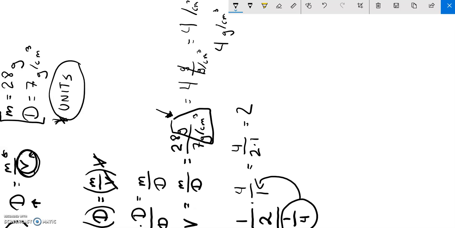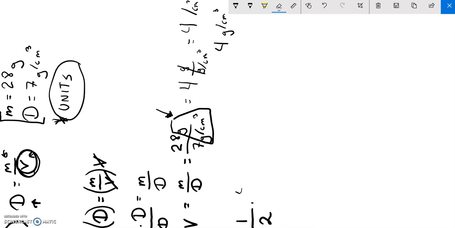Okay, so that's the same kind of math that we're going to be doing with our units so that we can get the right units. So now, instead of having 1/2 divided by 1/4, what we've got is grams divided by grams over centimeters cubed.